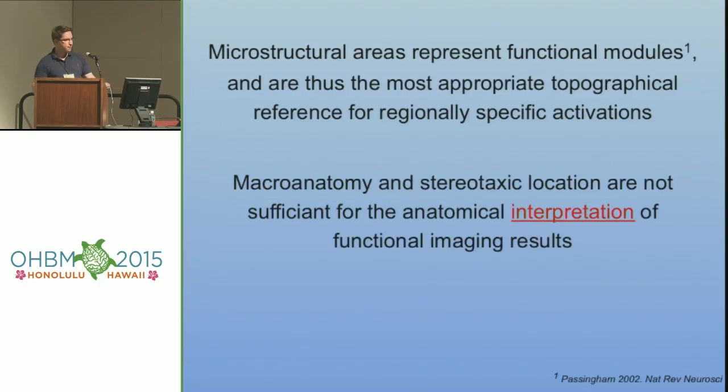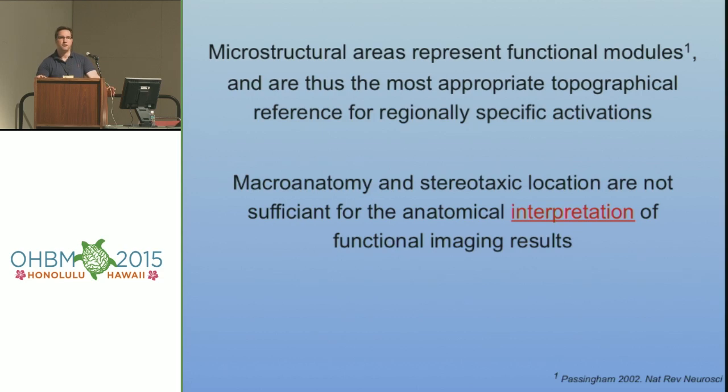On the other hand, macroanatomy and stereotaxic locations are not sufficient for the anatomical interpretation of functional imaging results. Now note that I say functional interpretation. Macroanatomy and stereotaxic coordinates are perfectly fine for describing where something is located, but you cannot make any advanced inference about structure-function relationships.